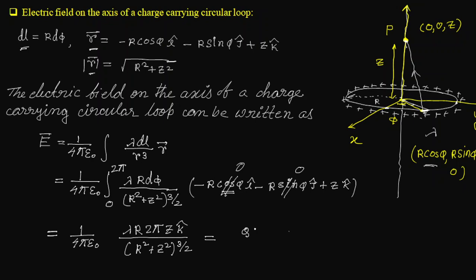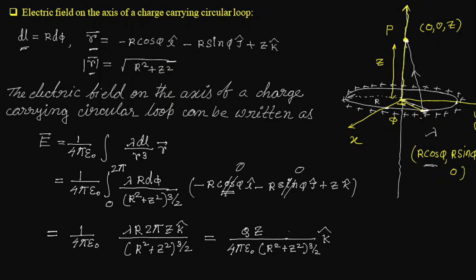So you can write q, and then z divided by 4 pi epsilon naught, r square plus z square whole to the power 3 by 2, k cap. Okay, so this will be the electric field at a distance z on the axis of this circular loop.